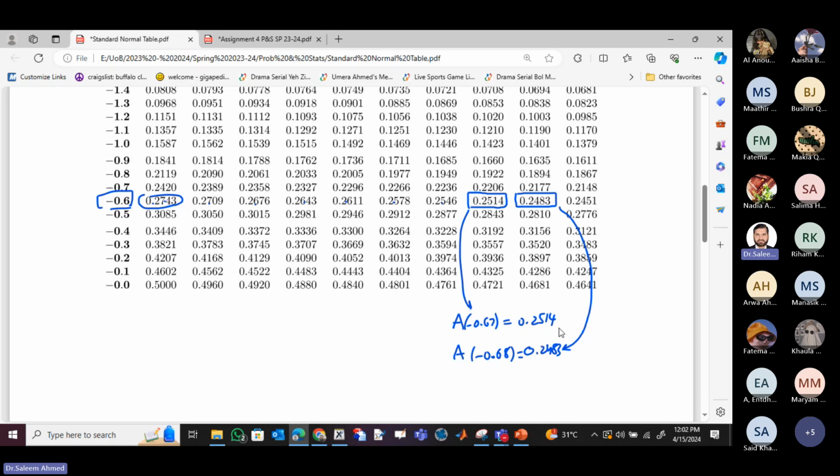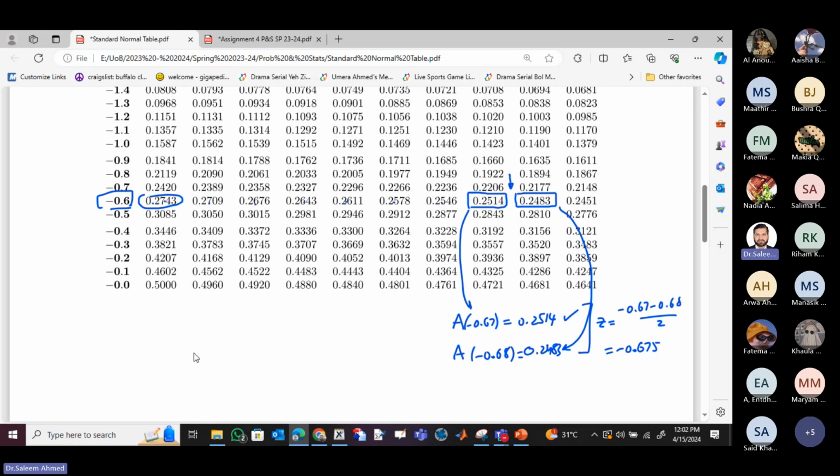So I can take any one. I can take this one because it is closer. Or if you want to do better, you can take the middle value of 0.67 and 0.68 divided by 2. That will become minus 0.675, which will be much closer to 0.25.